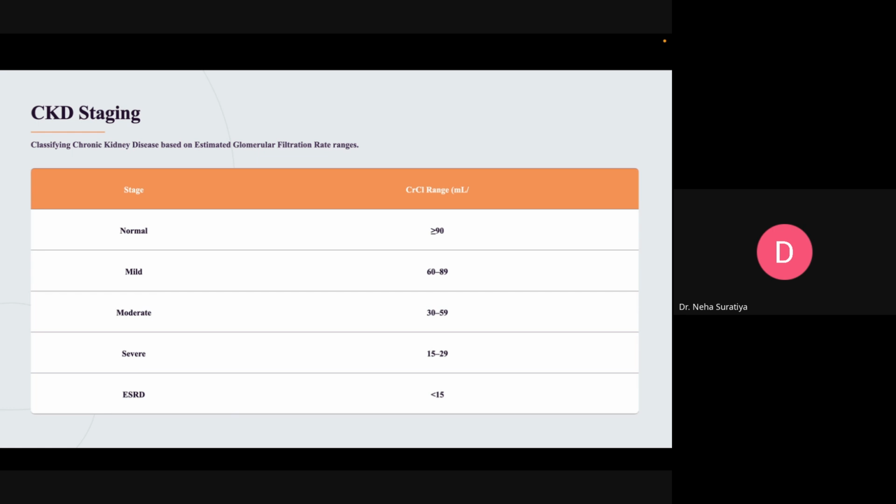Sometimes I have also seen in my practice that people adjust the dose if the patients fall under the mild category, so you will face that situation too. While our guidelines and standard references suggest that in the mild situation, if the creatinine clearance is 60 to 89, you don't need to do a dose reduction.